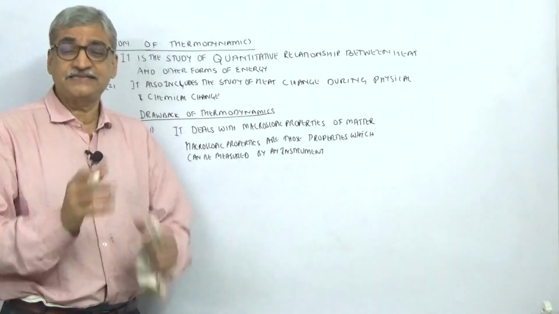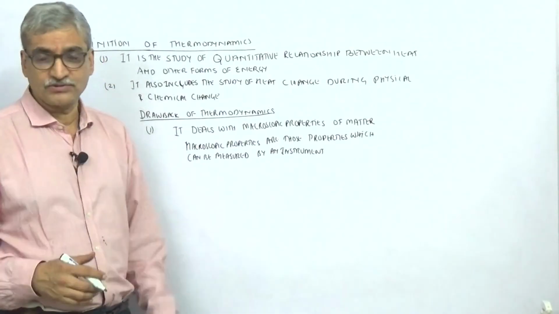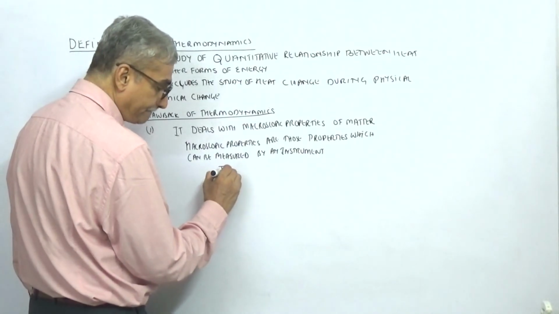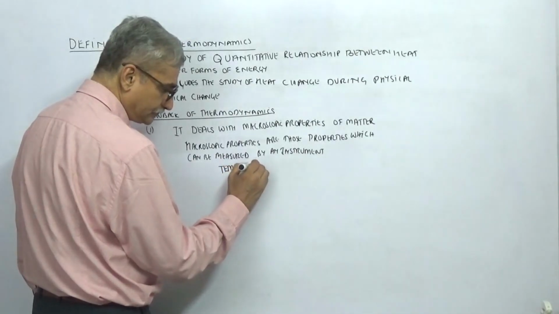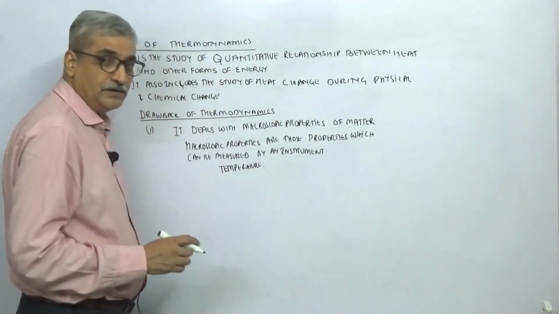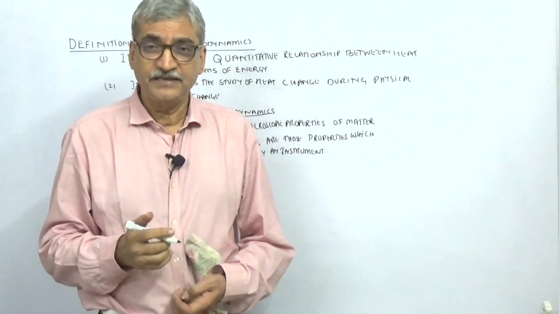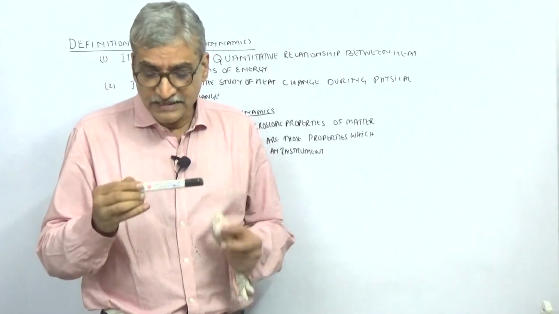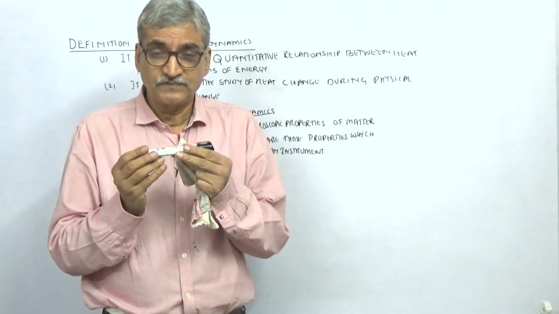So I'll now give you an example of what is a microscopic property and what is a macroscopic property. See, we have temperature. So what is basically temperature? It is the kinetic energy possessed by each and every molecule. So if I say that this has got a temperature of 18 degrees centigrade, correct?